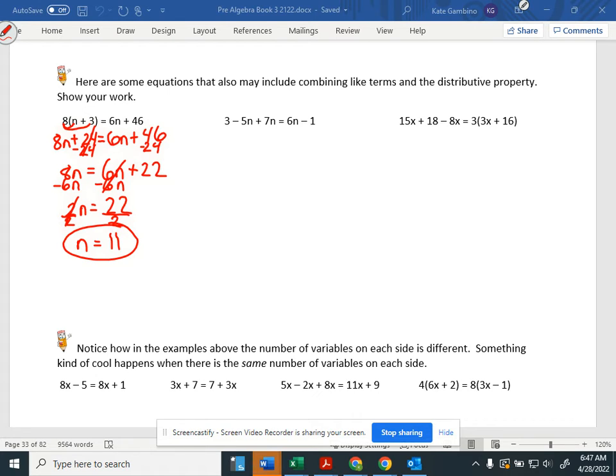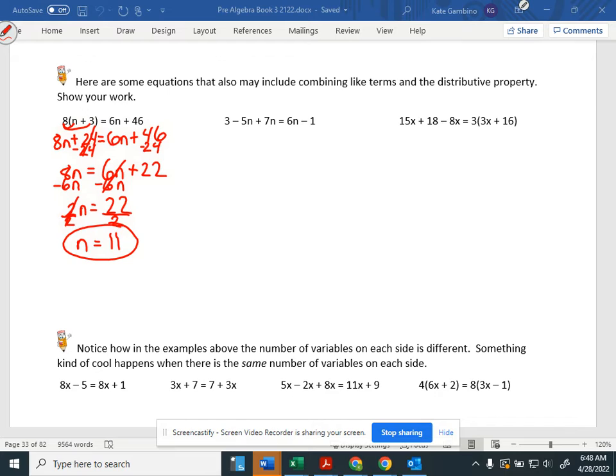So you're going to look at the next one and say, ooh, now I have a bunch of variables. What do I do with that? Well, here's what we're going to do. First, parentheses. That's our first step, but we don't have any. So now we're going to combine like terms. And I'm going to combine on the same side of the equal sign first.